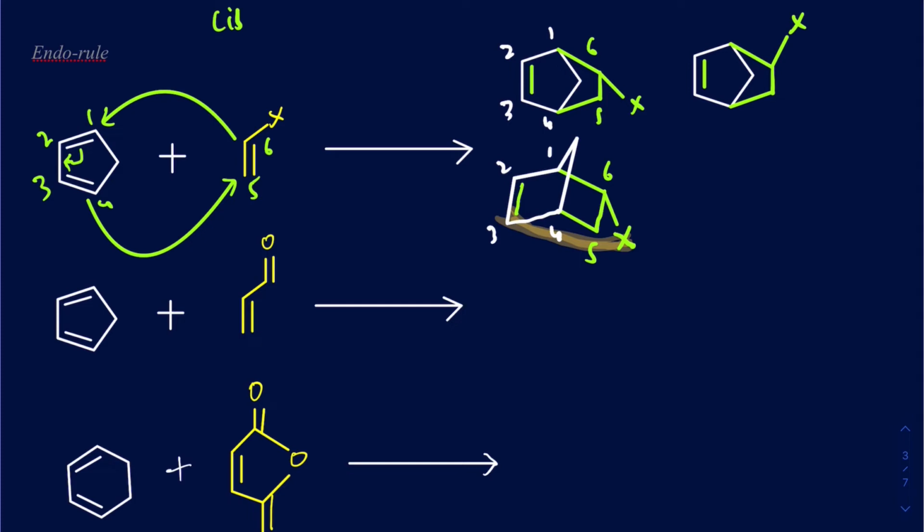So whenever this X is pointed down, or in the direction of this bigger bridge where you have a pi bond, this is called an endo product. And if it's going up like you had in the other case, that would have been exo.